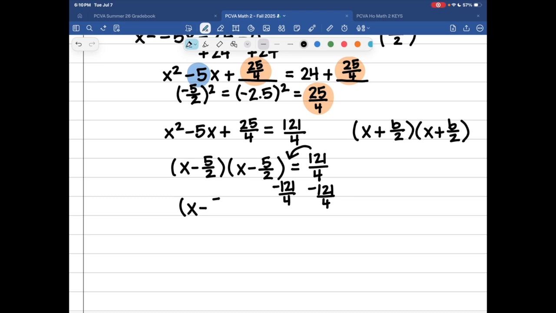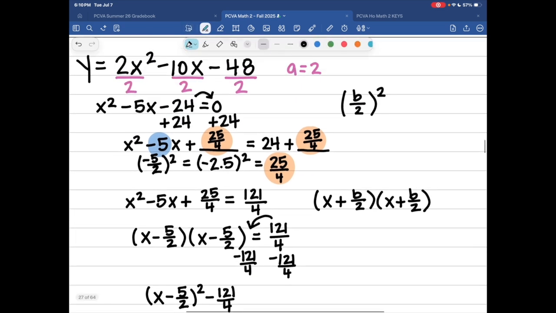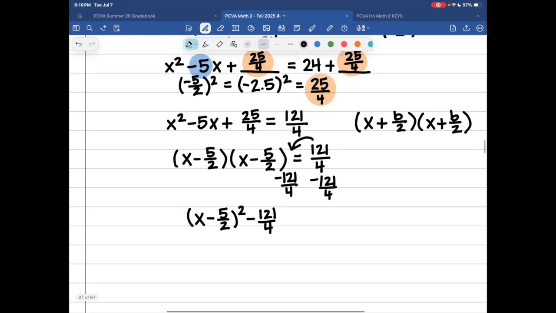So I have x minus 5 over 2, that's going to be squared, minus 121 over 4. And at this point, that's going to equal 0, but we've got to remember to go back and multiply all of that by the a value, and that a value was 2.